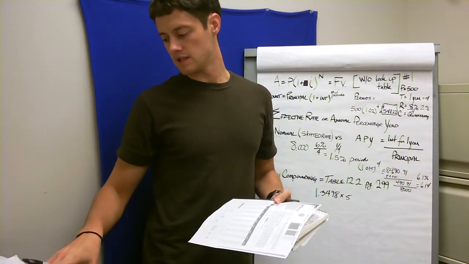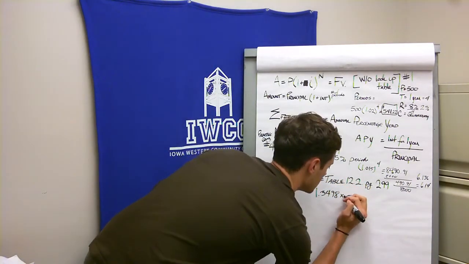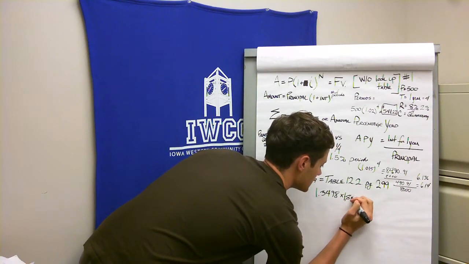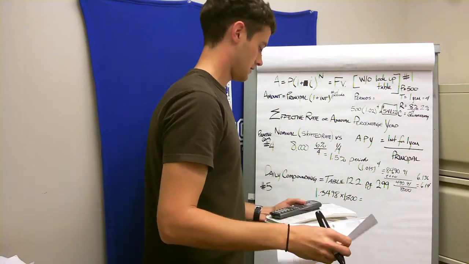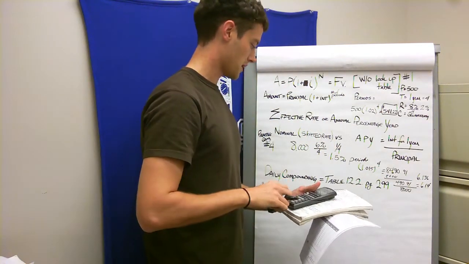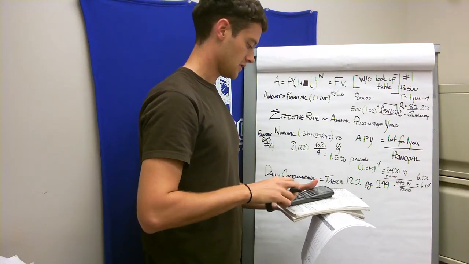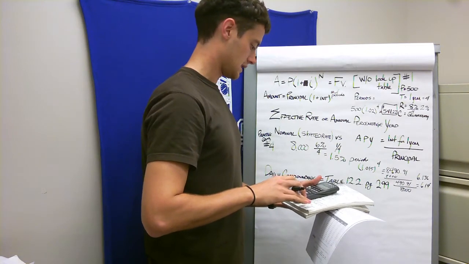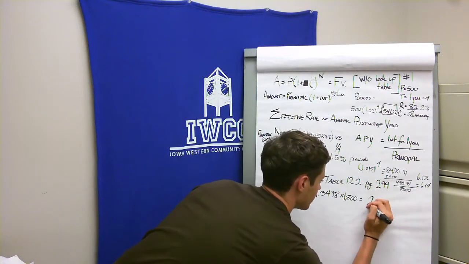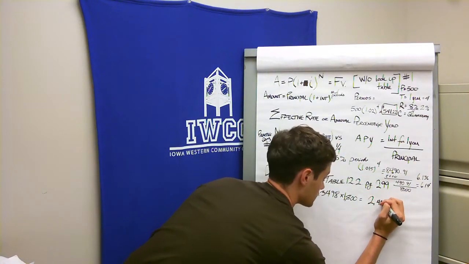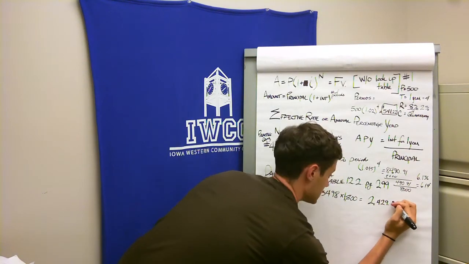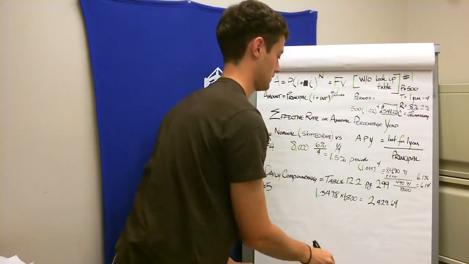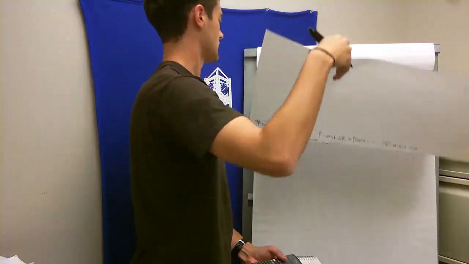The practice problem is 1,800. That would have been a different number. 1,800 equals. So if we had a daily compound rate for 5 years of 6%, we would get $2,429.64. So that's how you do that.